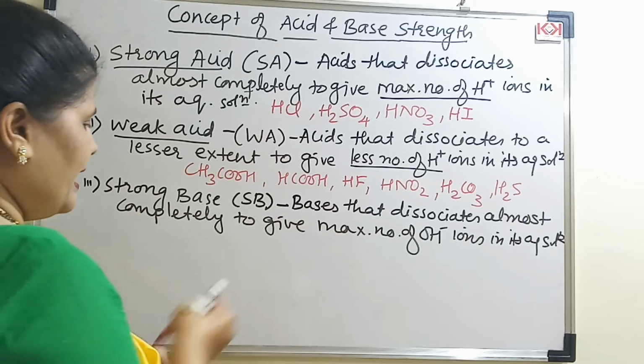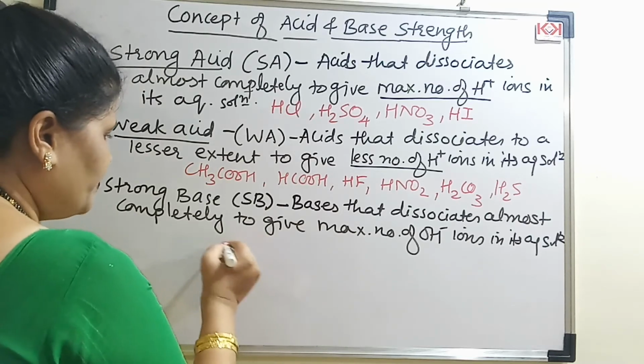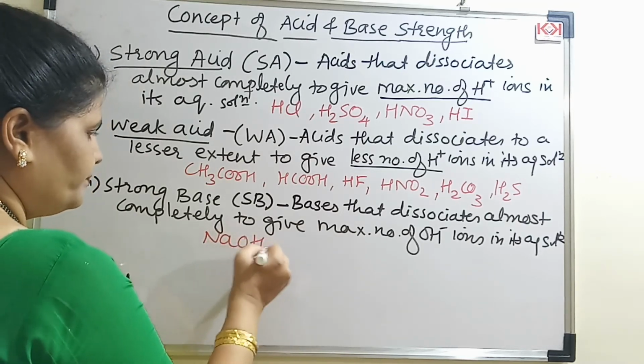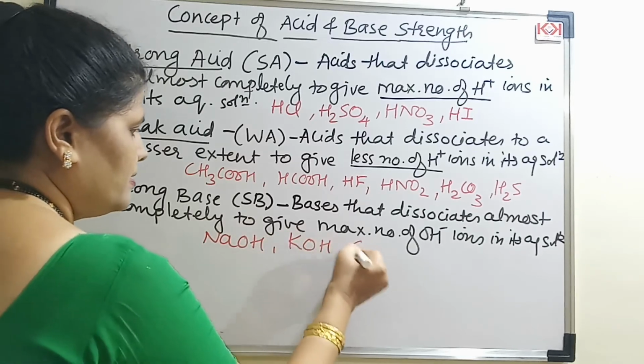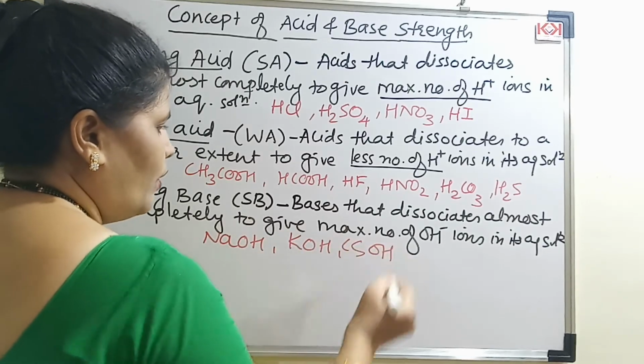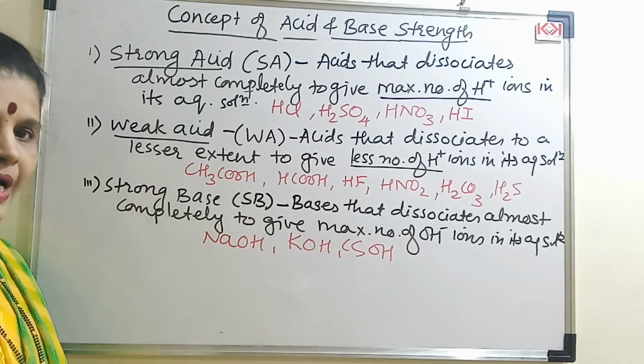Now what can be the examples here, students? Examples can be NaOH, KOH, CsOH. They are all examples of strong bases.